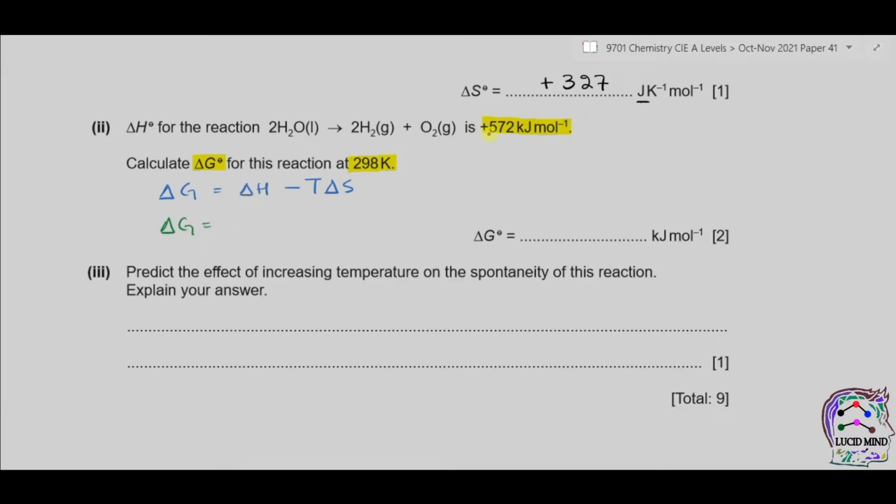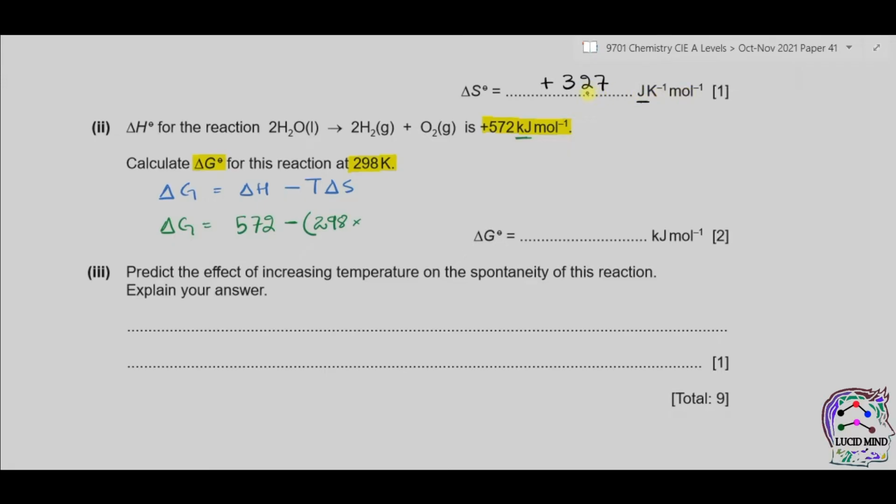Enthalpy change is given. It is 572 kilojoules per mole. Minus temperature is also given, which is 298 Kelvin, multiplied by this value, which is change in entropy. We have already calculated that, but this was in joules per Kelvin per mole.